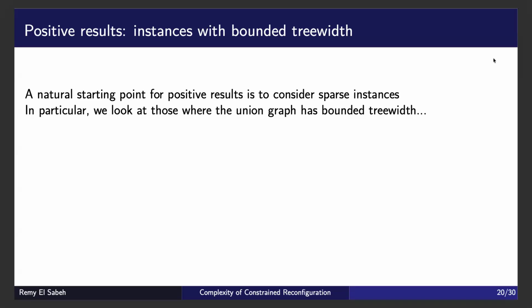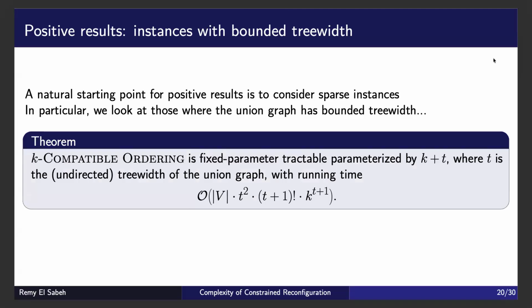What you typically start looking at is the case where the union graph has bounded treewidth, and in case the treewidth is bounded, we have a polytime algorithm, or in other words, k-compatible ordering is actually FPT when parameterized by k plus t.